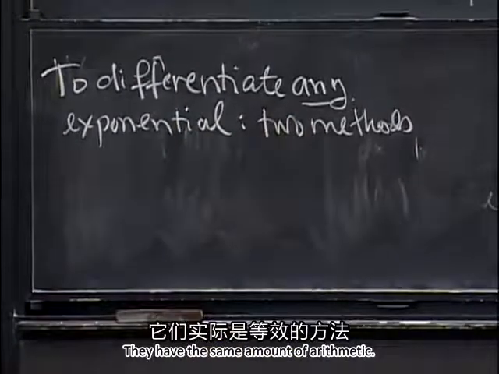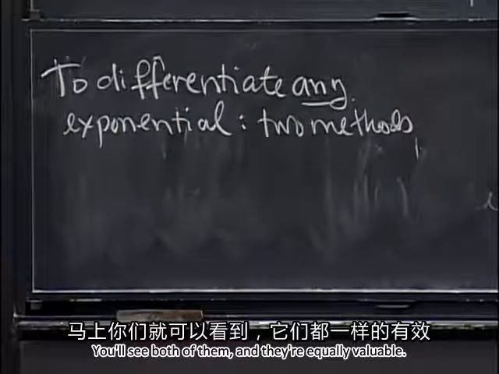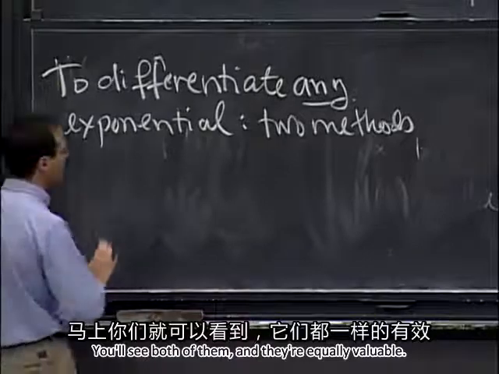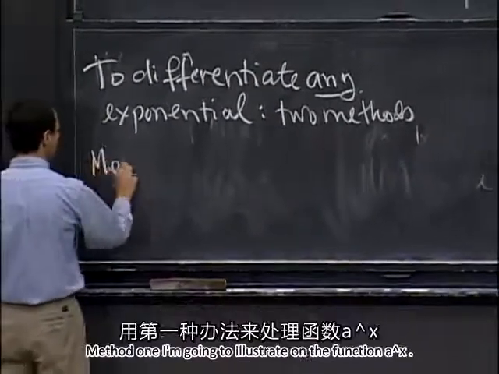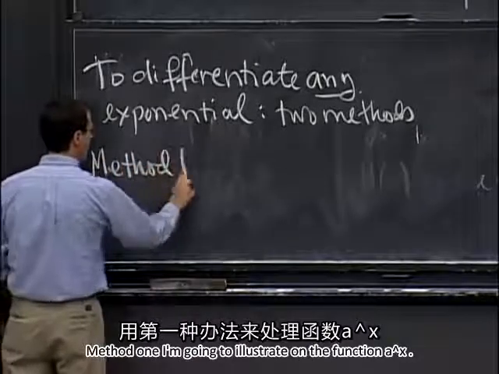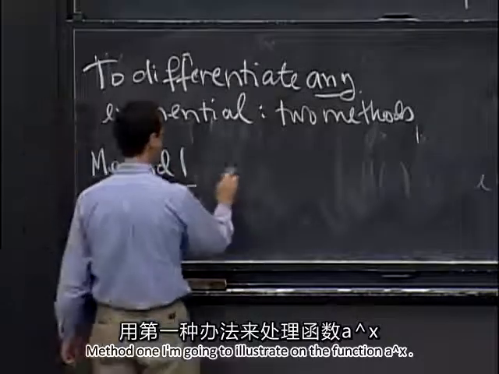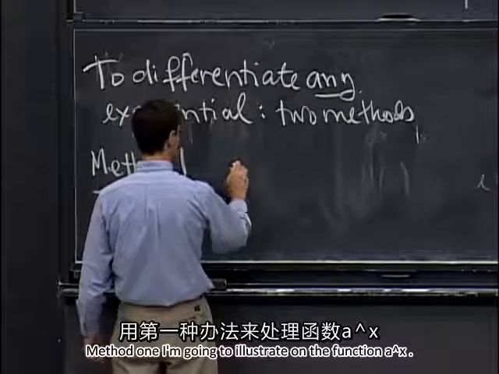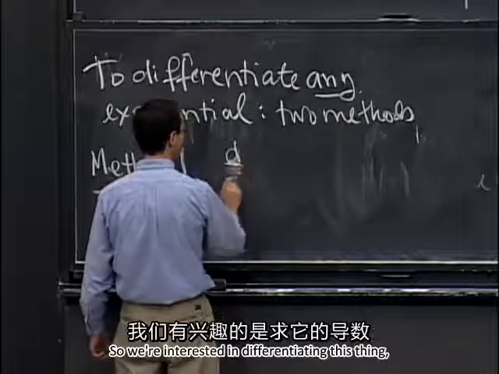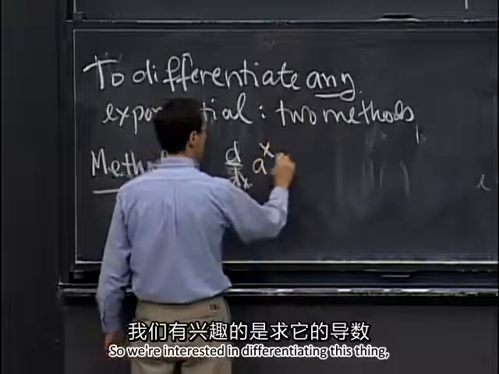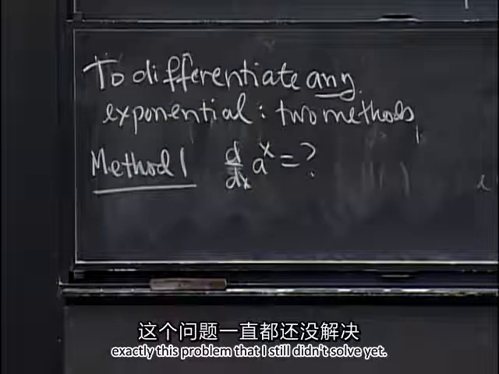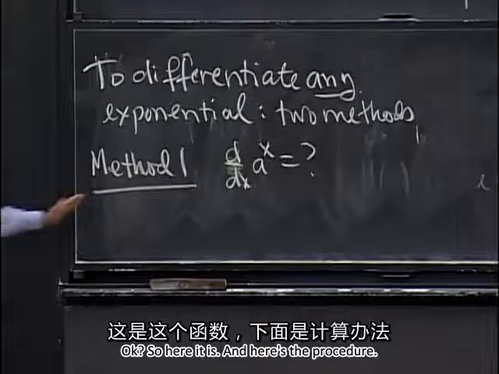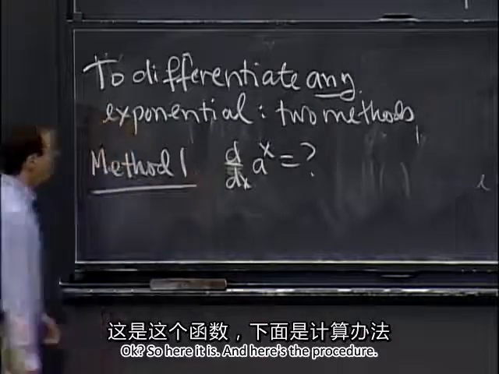They have the same amount of arithmetic, but you'll see both of them, and they're equally valuable. So we're going to just describe them. So method 1, I'm going to illustrate on the function a to the x. So we're interested in differentiating this thing, exactly this problem that I still didn't solve yet. Okay? So here it is, and here's the procedure.